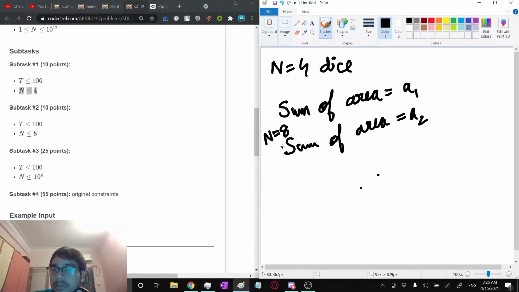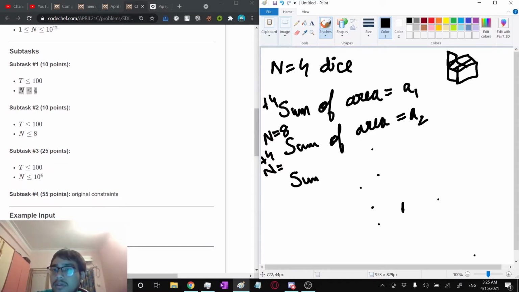When n equal to 4, there's only one layer. When n equal to 8, a second layer comes into place. After the second layer, we can see a pattern. The sum of the areas will show an arithmetic progression.